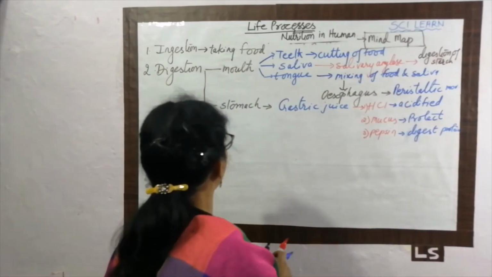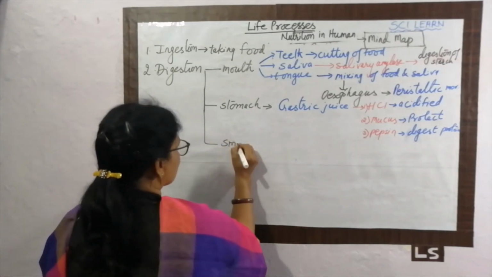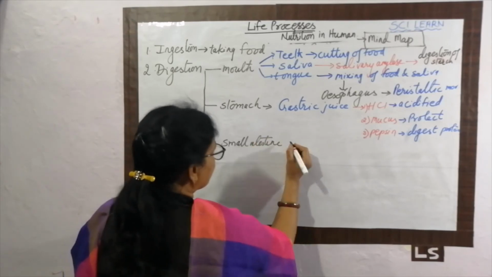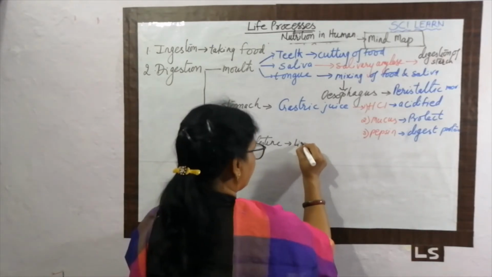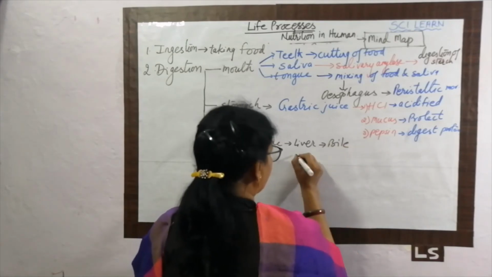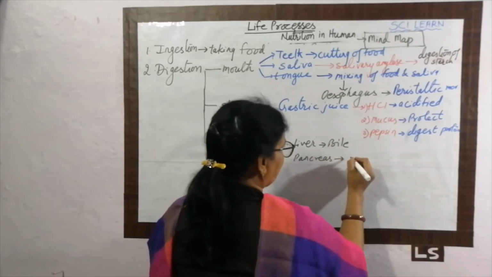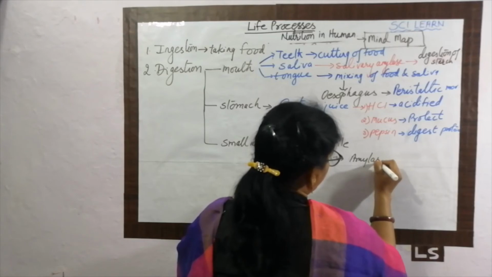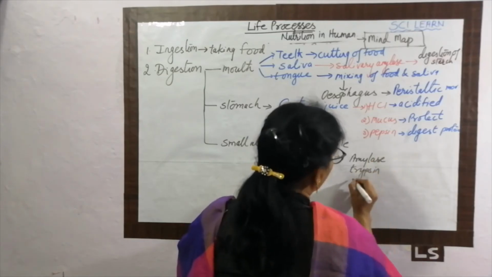Okay. Now our food reaches the small intestine. In the small intestine, three substances are present. One from the liver. Liver gives bile. Then the pancreas. Pancreas gives pancreatic amylase or simply amylase, trypsin, and lipase.